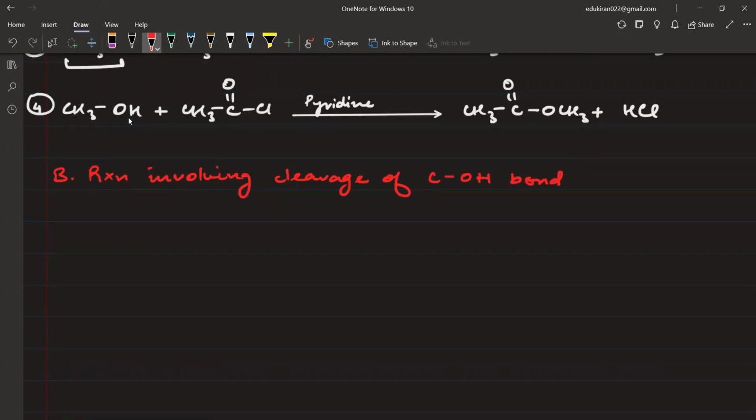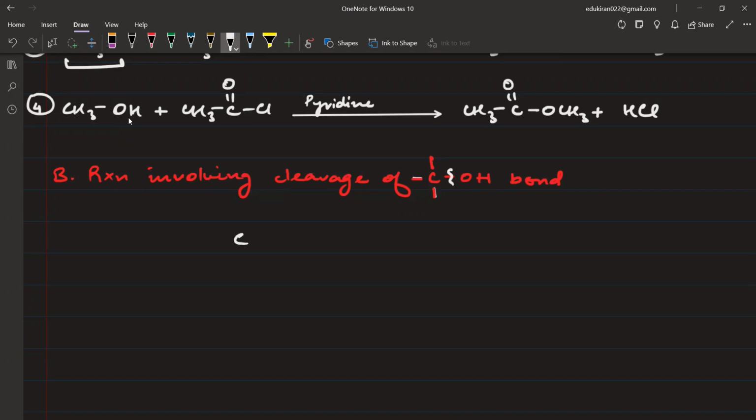Now this carbon will have 3 different groups attached like this also. And this bond has to break. So let us see that bond first.